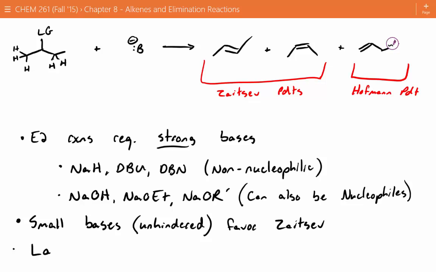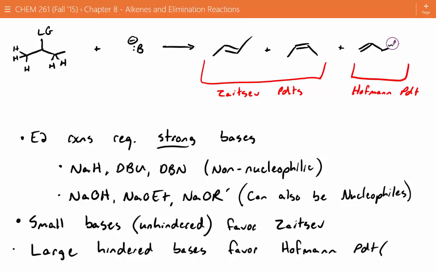Conversely, large hindered bases favor the Hofmann product. Why don't we get the more substituted alkene if we're using a really big base? Yeah, the base has a hard time approaching those protons, so with a large base, you're always going to get your less substituted alkene as your major product.